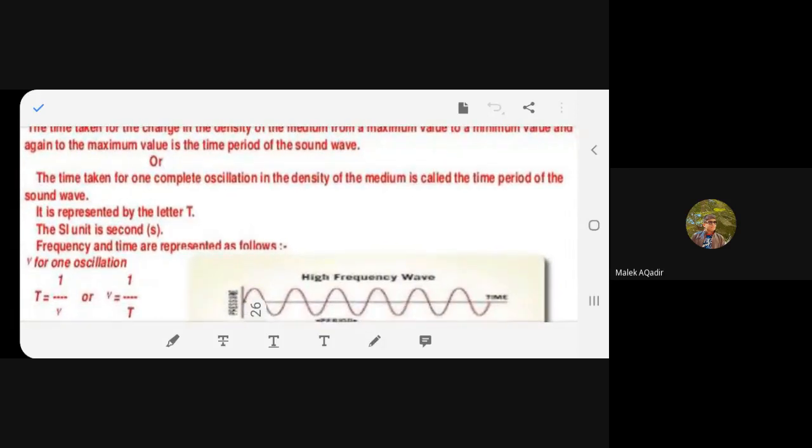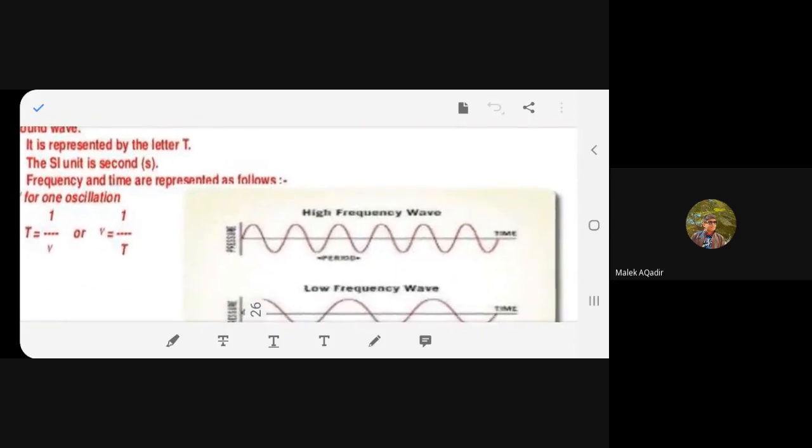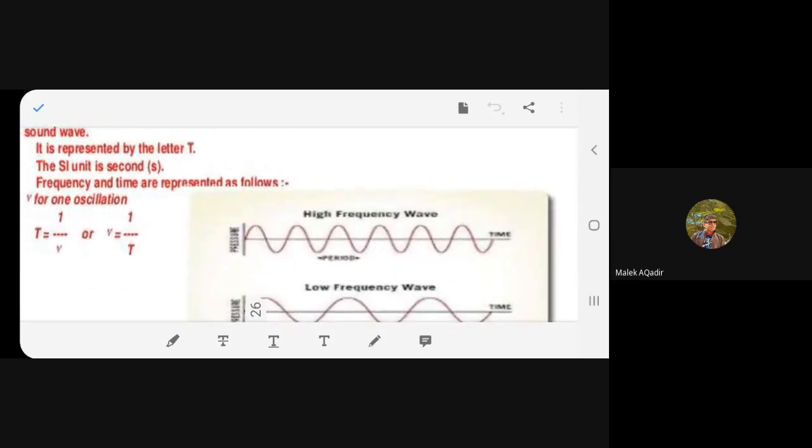It is represented by the letter T. The SI unit is second. Frequency and time are related as follows: for one oscillation, time period T is equal to 1 upon nu, or nu is equal to 1 upon T.